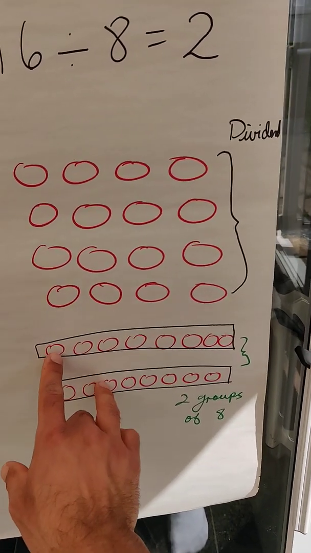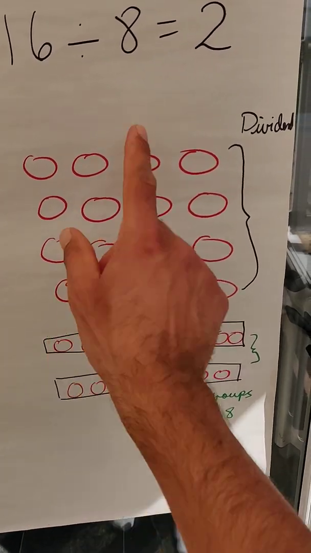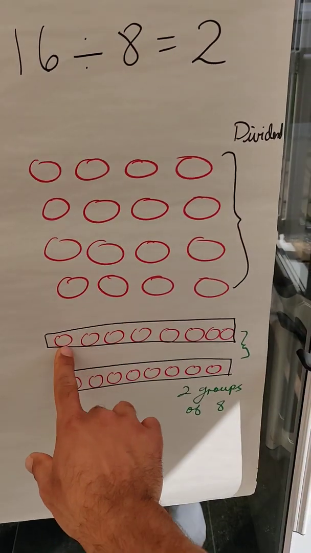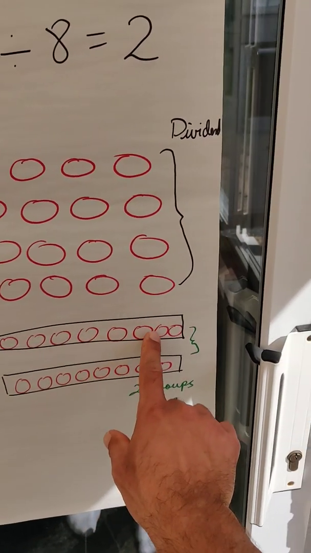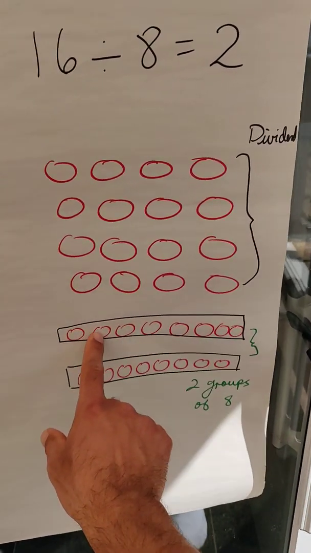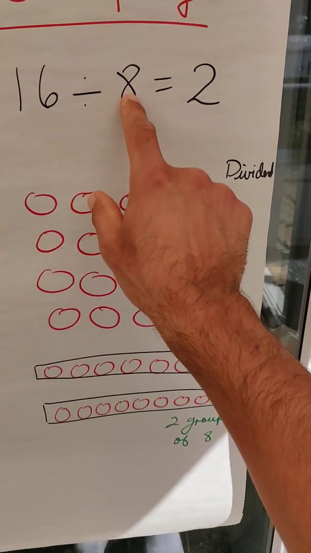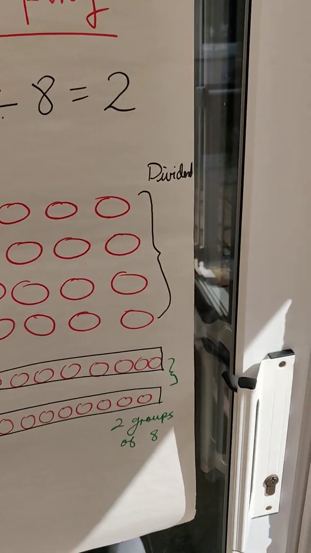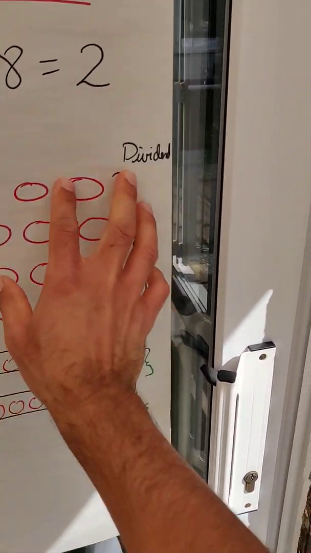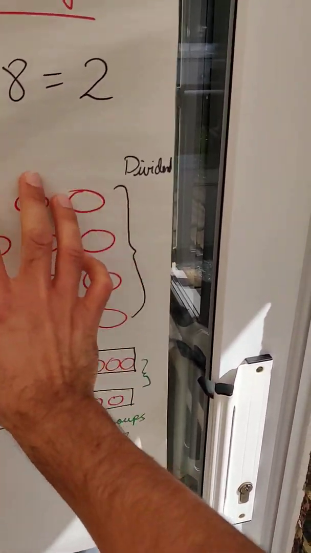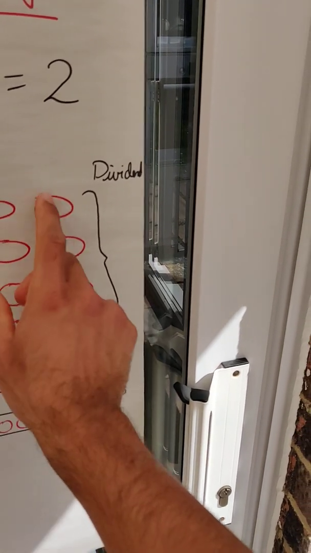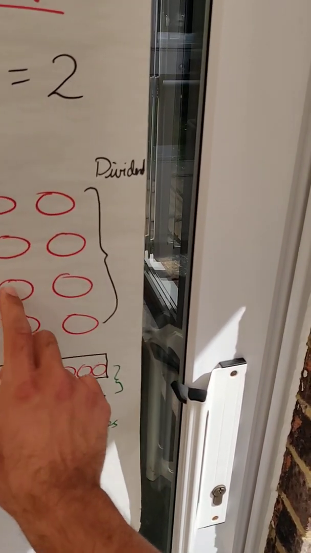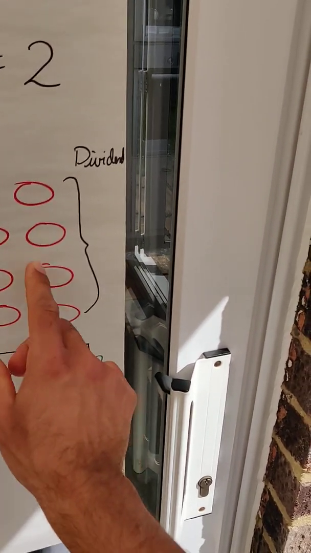So in this case, my groups are of 8. So I have 1, 2, 3, 4, 5, 6, 7, and 8. So I have 8 there because my divisor tells me that that's how big those groups need to be. And I make those groups using what I have in my dividend. So 1, 2, 3, 4, 5, 6, 7, 8, 9, 10, 11, 12, 13, 14, 15, and 16.